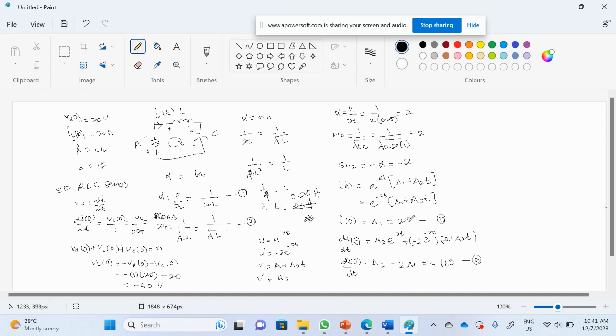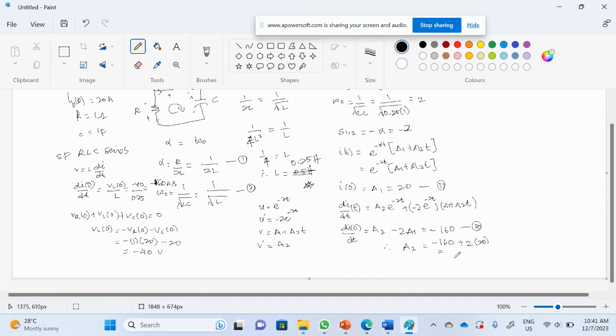Okay. So, A1 kita dah tahu it's 20. So, A2 sama dengan negatif 160 tambah dengan 2A1, 2 darab 20. So, berapa value dia? Negatif 120 lah, A2. Kan?